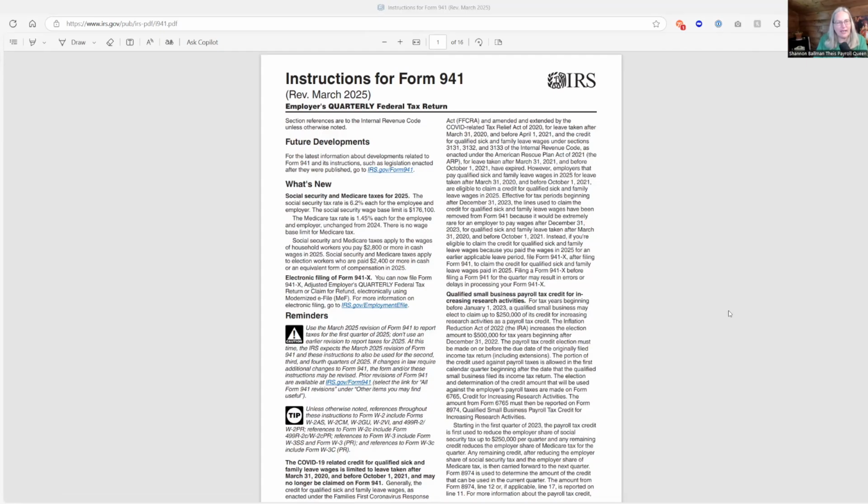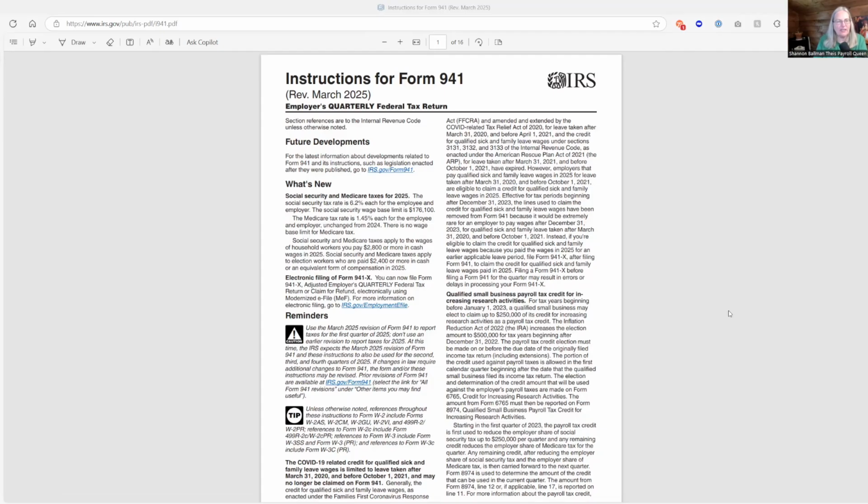And at this time, the IRS expects the March 2025 revision of Form 941 and these instructions to also be used for the second, third, and fourth quarters of 2025.